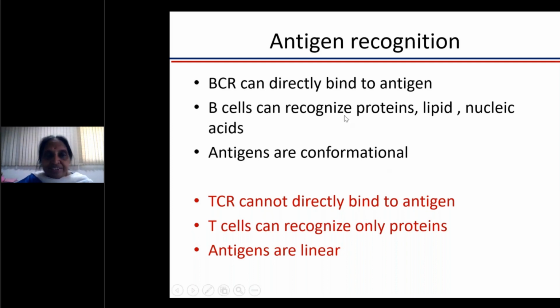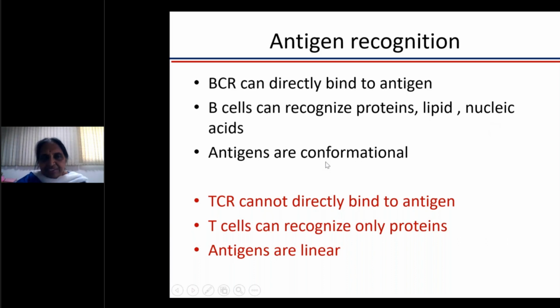So for antigen recognition, the B cell receptor can directly bind to antigen. I told you that the T cell can only bind to an 8 to 10 amino acid peptide, while the B cell can directly bind to bacteria also. So the B cell can recognize all different kinds of antigens: proteins, lipids, DNA, anything.